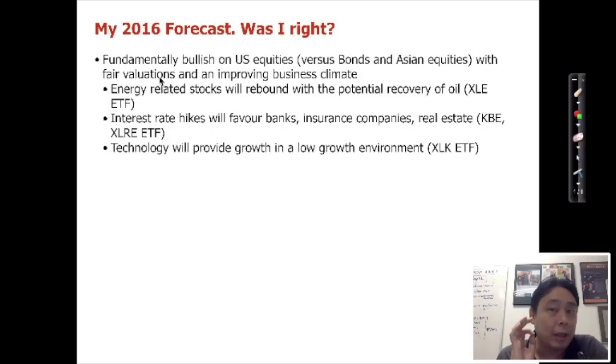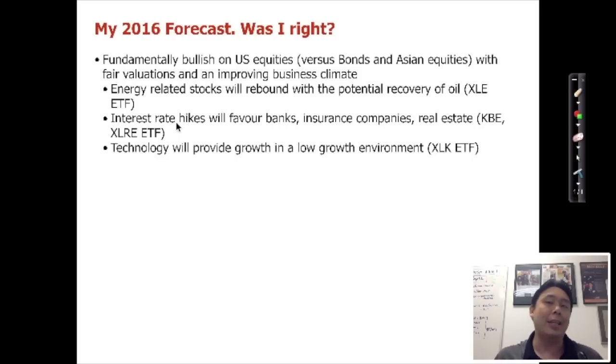Specifically, which sector was I very bullish on? Energy. At that point in time, energy stocks had collapsed because of oil prices collapsing. So I believed that oil would recover in 2016 and hence the energy sector would rebound strongly from the recovery of oil. One way to have profited would be to have bought energy stocks or the energy ETF known as the XLE. My second call was about banks.